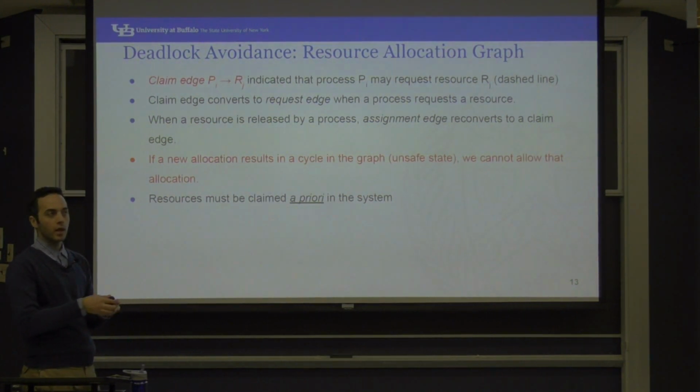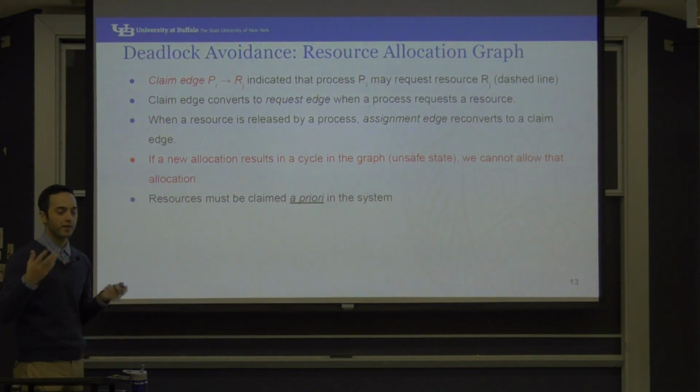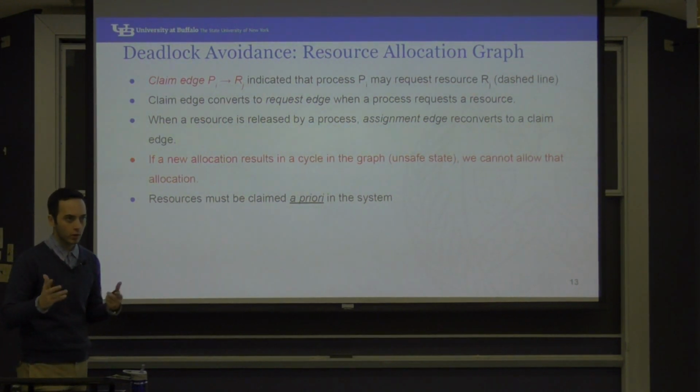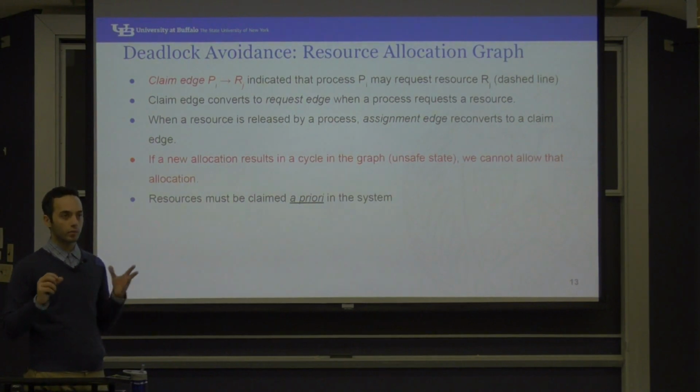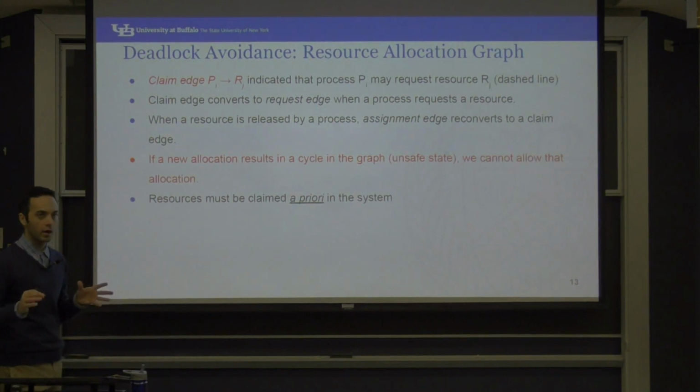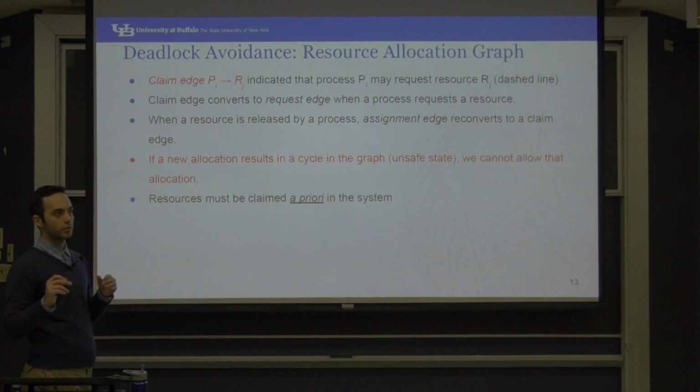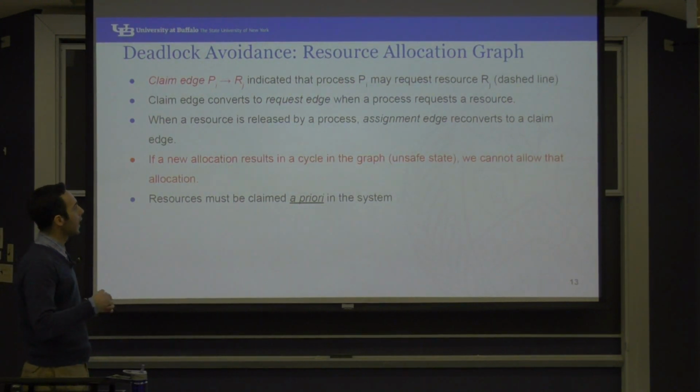Because while a process is not finished, it may request and release, so we are never sure. As long as the process is there, we should think of a chance that it may request it in the future.